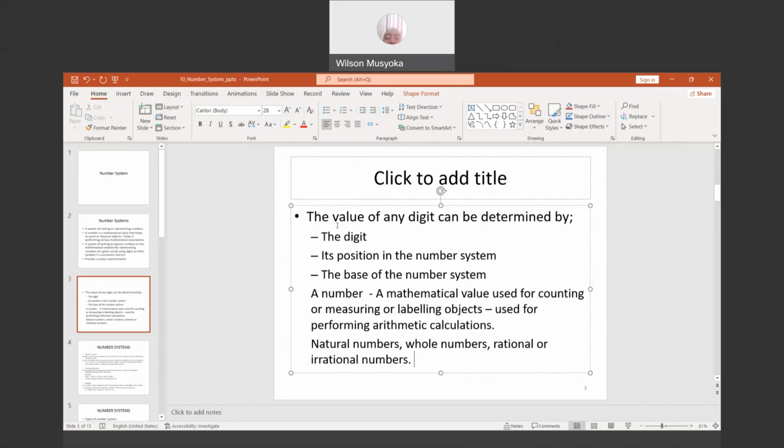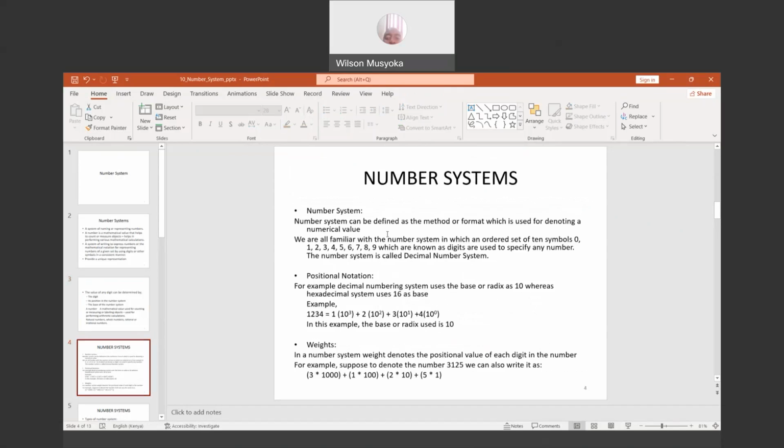And so that is the basis of this discussion, which we want to understand as the number systems. And like we have said, numbers can be used as a method or format for denoting a numeric value, and there is the numbering system in which numbers are ordered in terms of symbols. You begin from 0 to 9, and this is the first type of numbering system, which we normally refer to as the decimal numbering system.